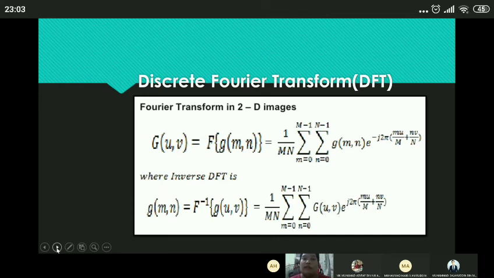Second, the DFT can find the system frequency response from the system impulse response and vice versa. This allows systems to be analyzed in the frequency domain, just as convolution allows systems to be analyzed in the time domain. The third one, the DFT can be used as an intermediate step in more elaborate signal processing techniques.